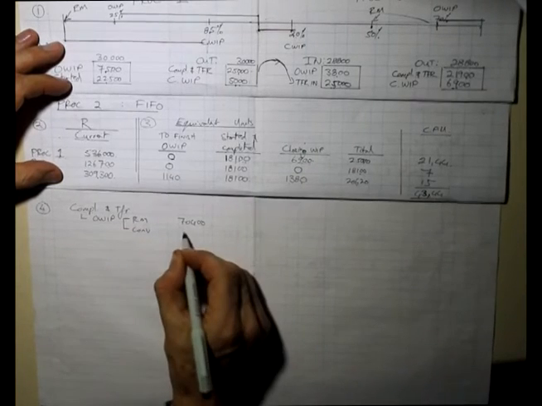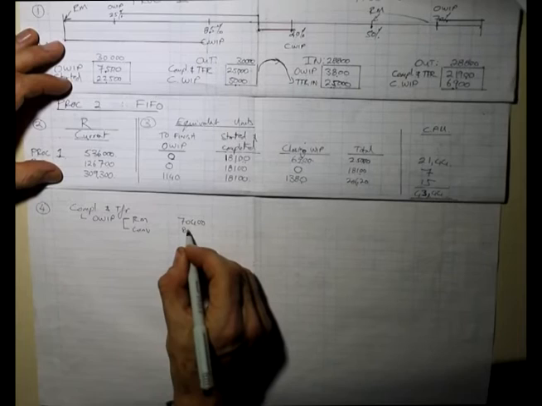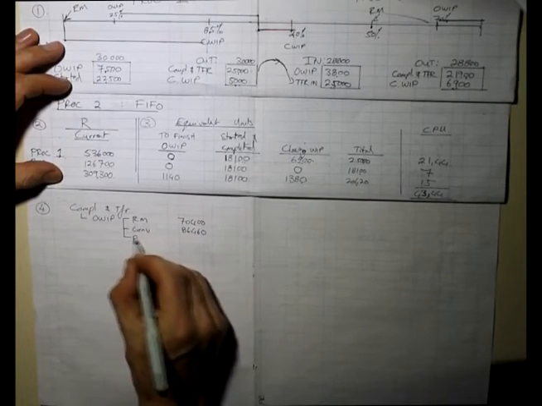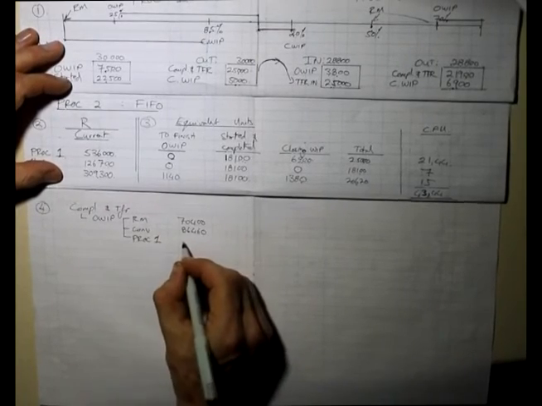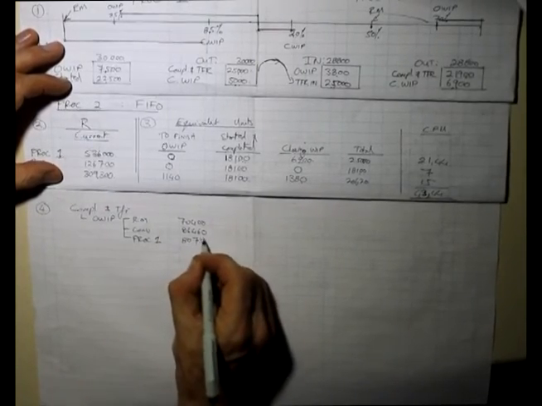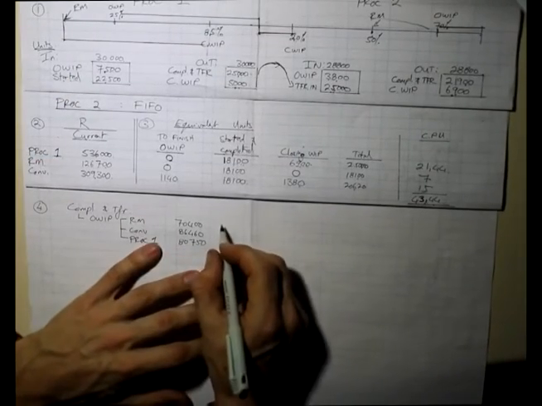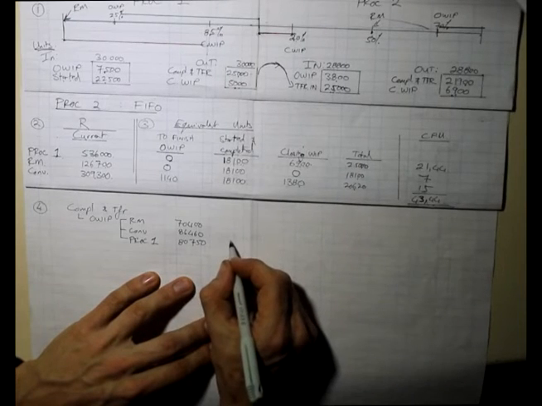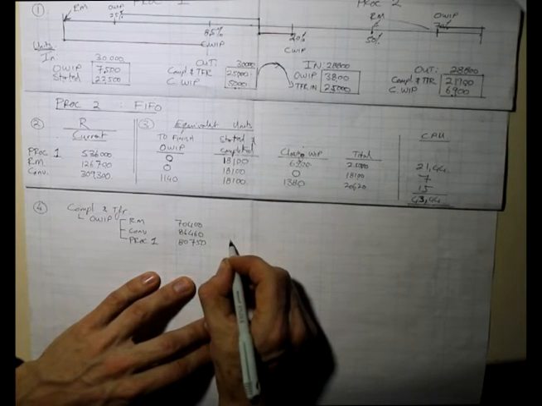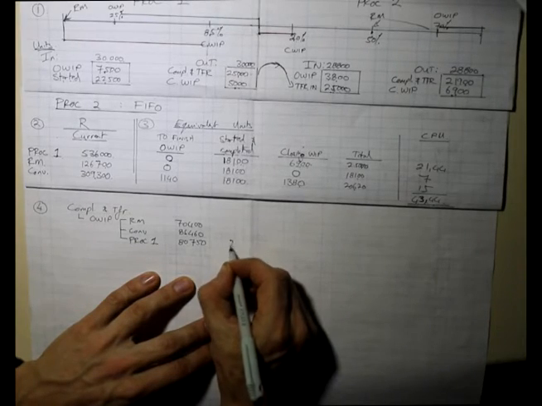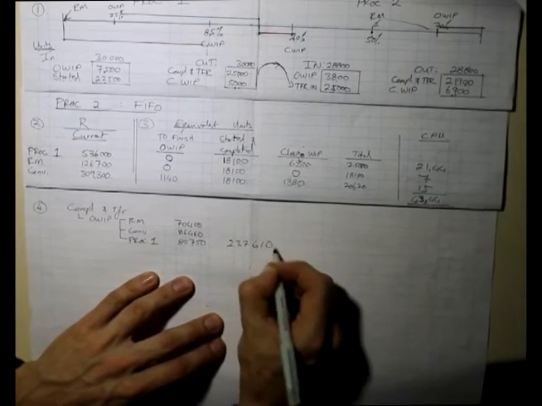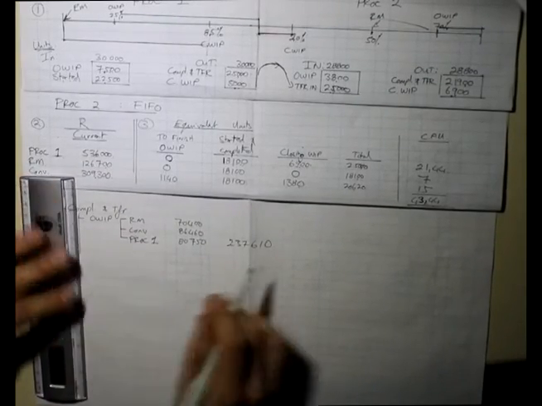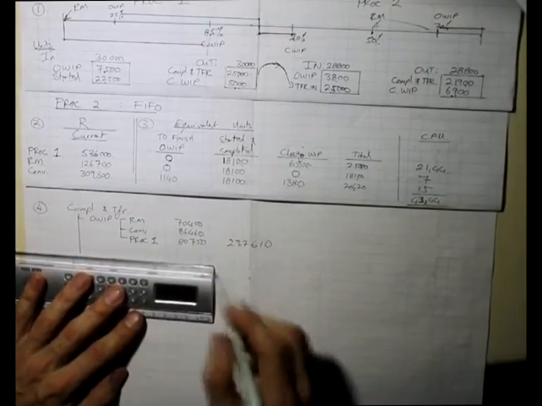The conversion cost for opening work in progress is 86,460, and the opening work in progress for process 1 is 80,750, giving us a total cost of opening work in progress of $237,610.